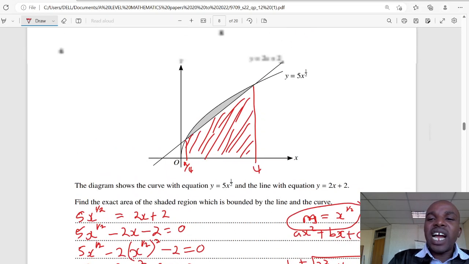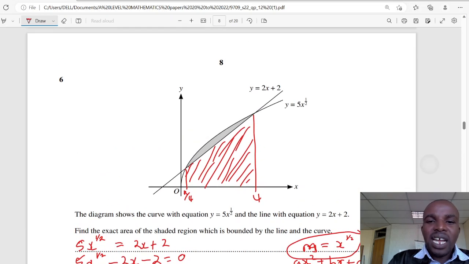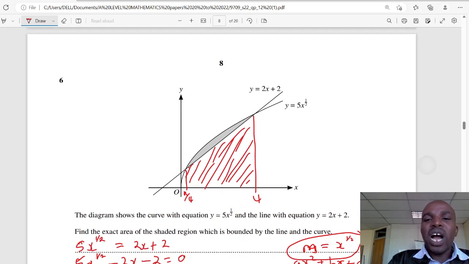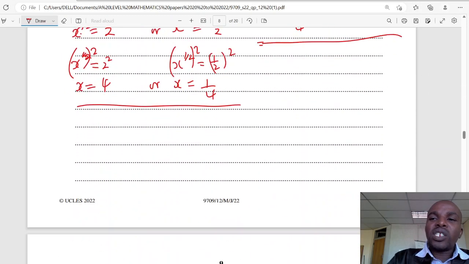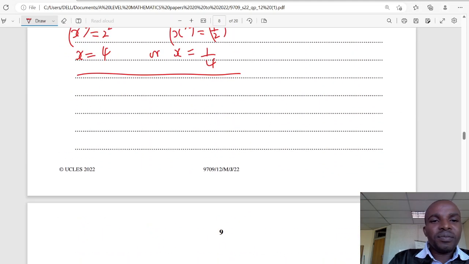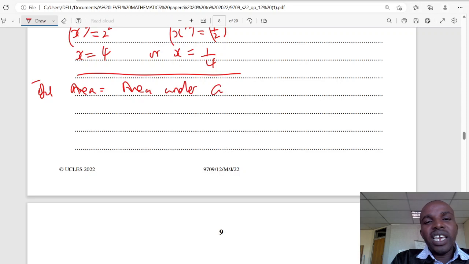Now we can say area under the curve minus area under the line. The curve is y equals 5x to the power half. So the total area is the area under the curve minus the area under the line.